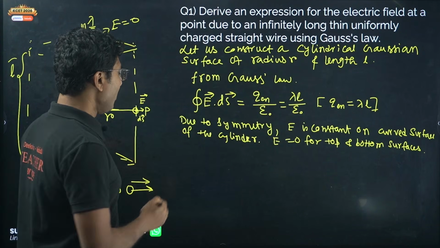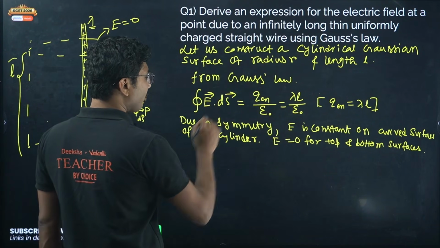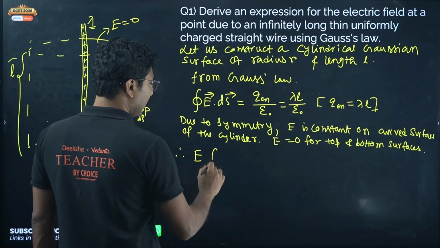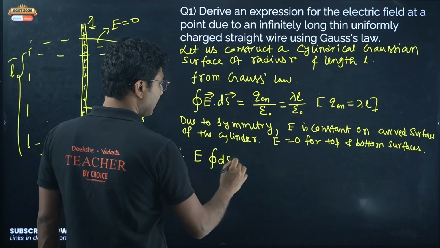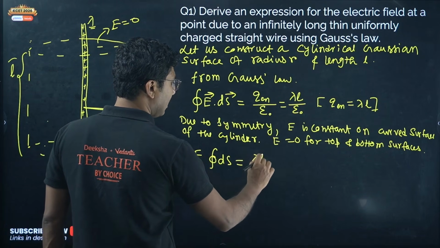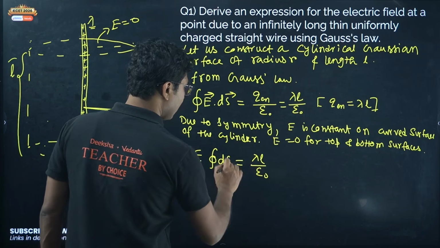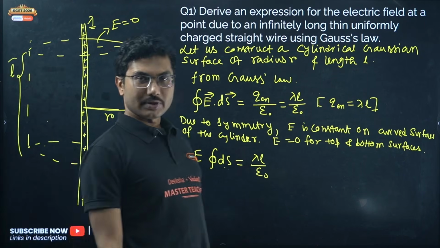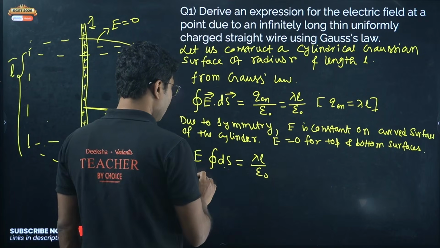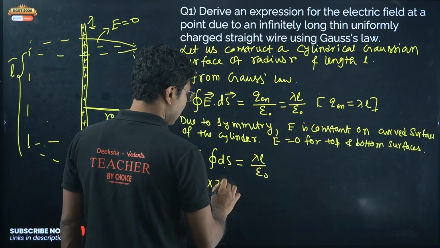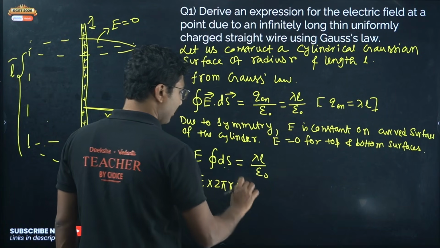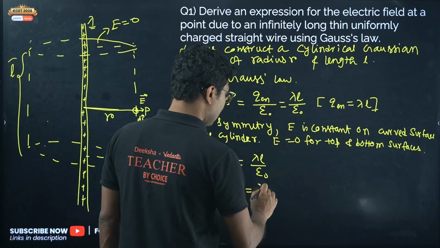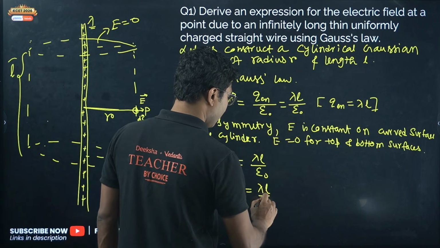Now what? Again E is constant, that means E will come out of the integration, therefore E into closed integration ds equals lambda L by epsilon naught. Here ds is basically the area of the curved surface. Area of the curved surface of a cylinder is given by 2 pi r into L. So 2 pi r L is the area of the curved surface, that is lambda L by epsilon naught.